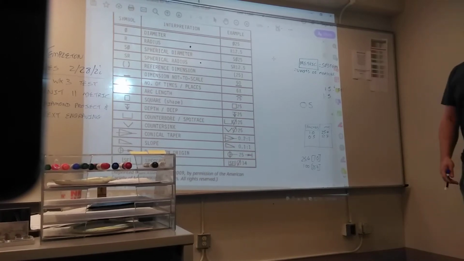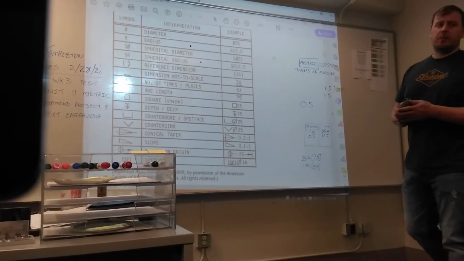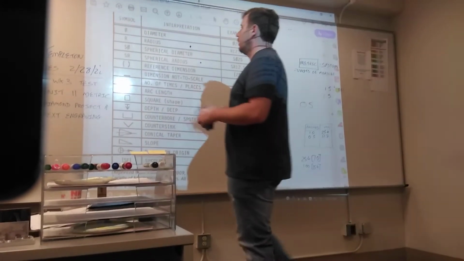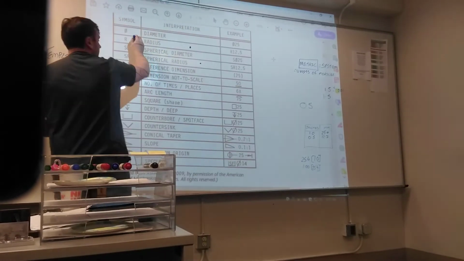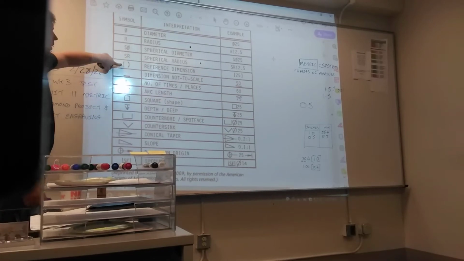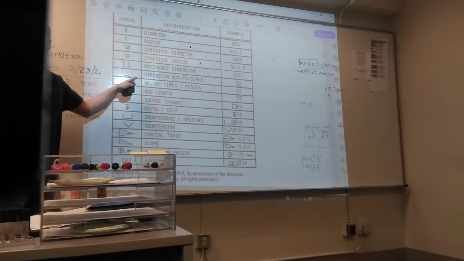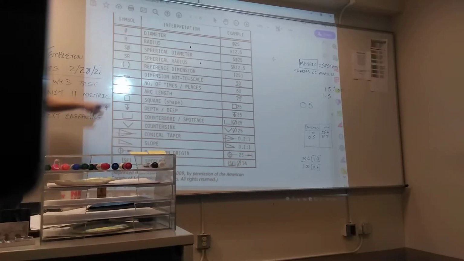So if you turn over the page, we've got a list of the most common symbols you're going to see. You should have seen the majority of these by now. Diameter, radius. I'm going to come back to these two in a second. Reference dimensions, a line underneath telling you dimension not to scale.